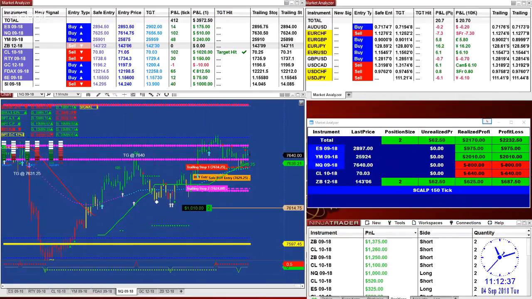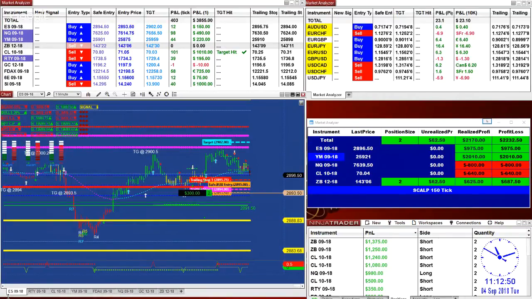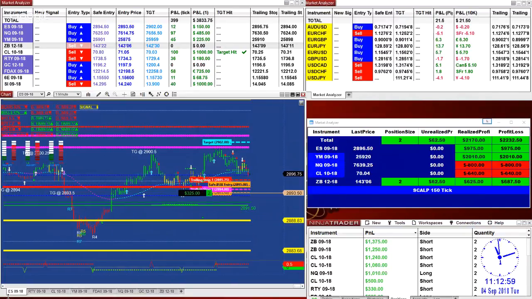Immediately. So this is one of the things we can do. After you've been running, you can see immediately the ES, the Nasdaq, the CL, the Dow Jones, because sometimes the Nasdaq runs and the YM does not run.